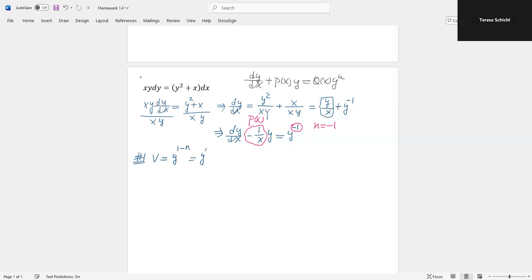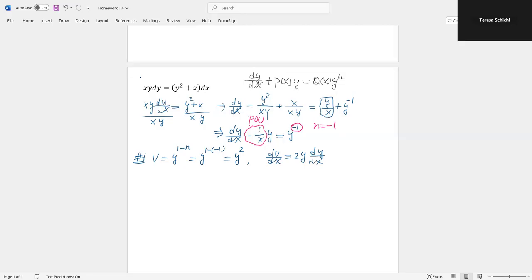So this is y to the power 1 minus negative 1, so v is equal to y squared. Then I take the derivative, so dv/dx is equal to 2y dy/dx.